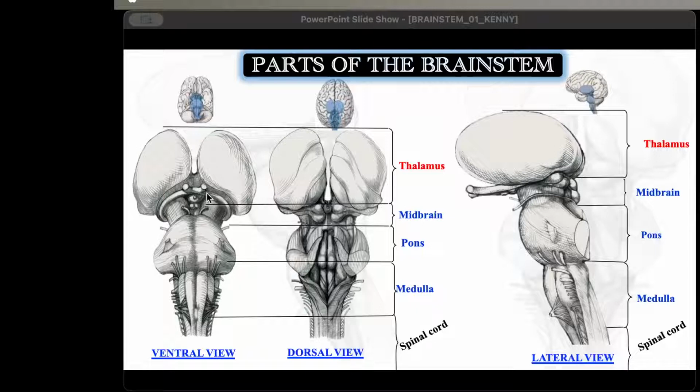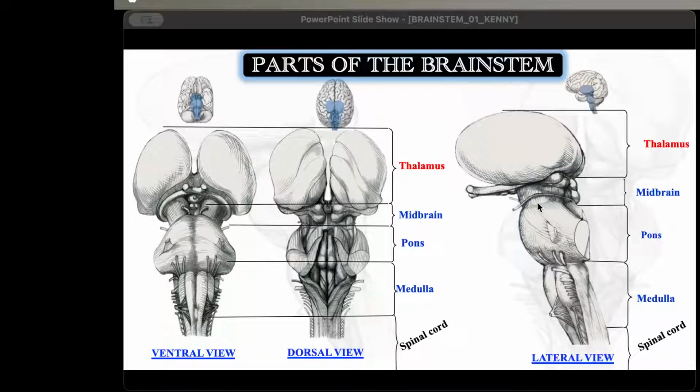So this is known as the midbrain. Here is the midbrain. And this is the pons. Excuse me, my lines were not perfect; it had to pass through here. So all of this is the pons.